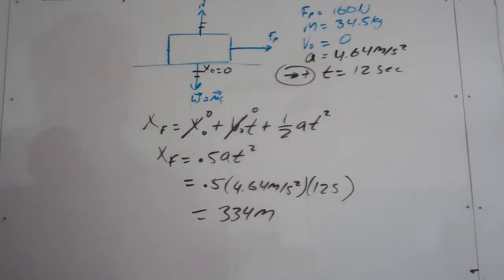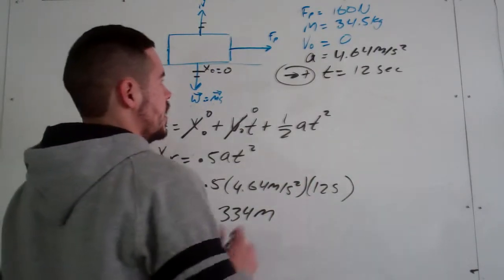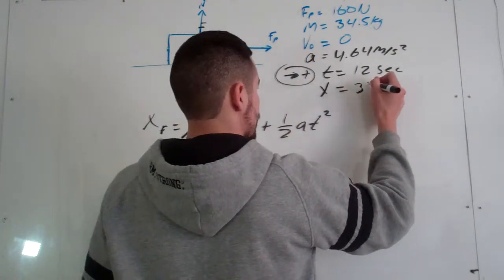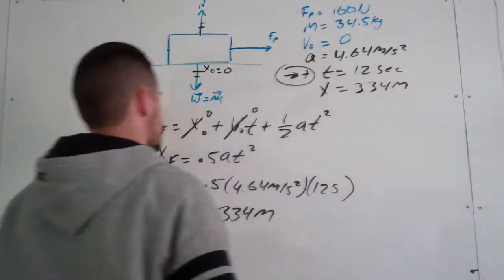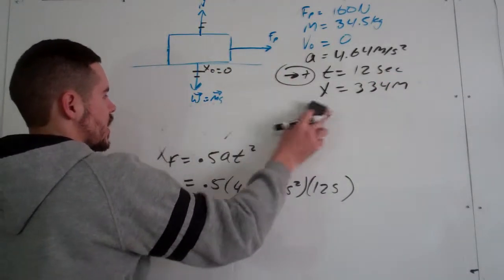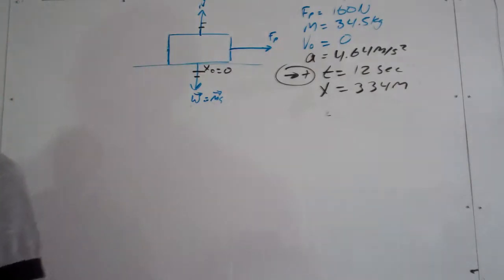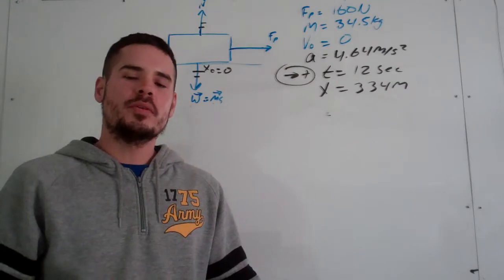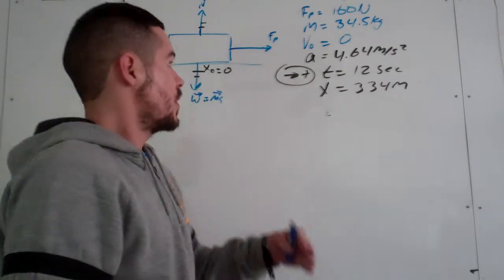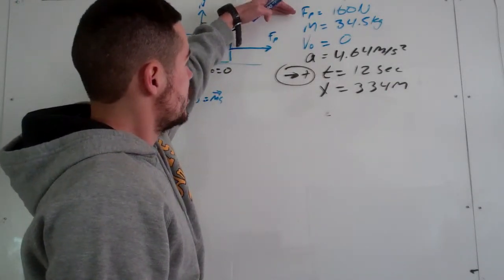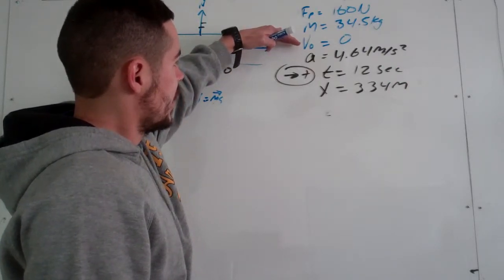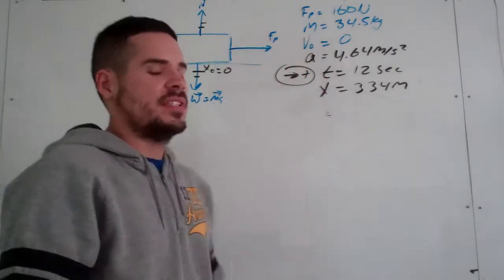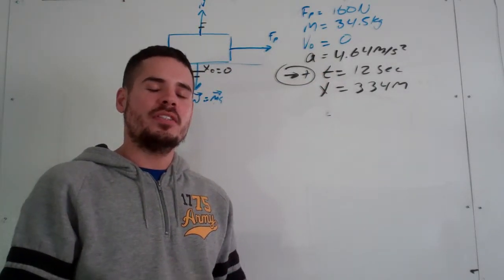Let's move on to the next one. Let's record that here: x is equal to 334 meters, in case we need it for the next one. Notice, as I'm going along with this problem, I'm putting all the information that I initially knew right here, and then whatever I solve, I continue to add, because sometimes in physics you get a whole lot of questions.